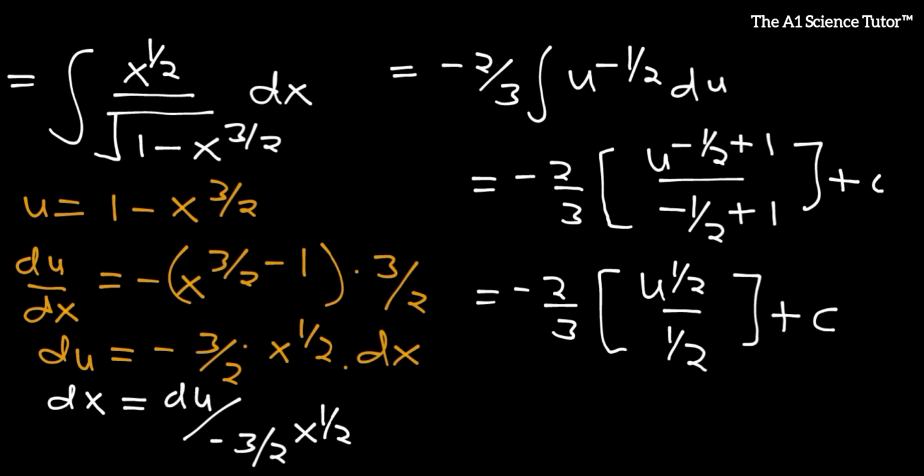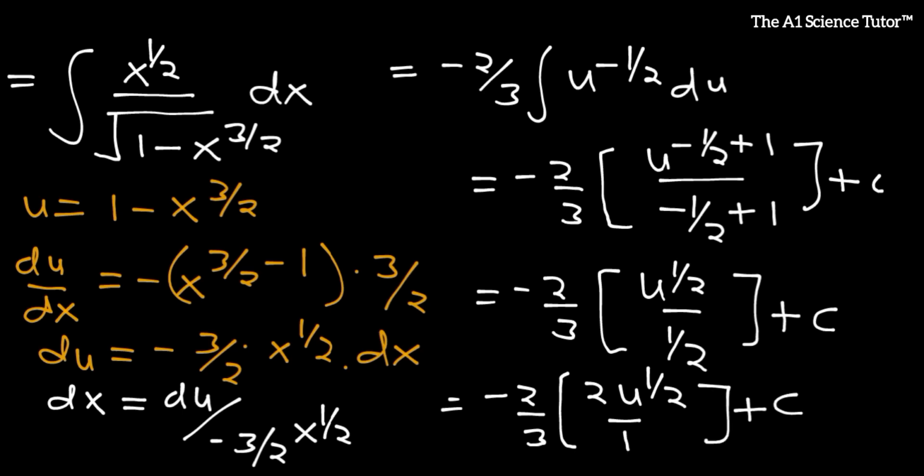Now as we did in the last step that I just wiped out, you actually need to take 2 and take it to the top part of the major fraction. So that is going to be 2 on top there. So we should have negative 2/3, and here we should have 2 multiplied by u to the power of half divided by 1, plus c. Now we're going to have negative 2 multiplied by 2. That gives us a negative 4.